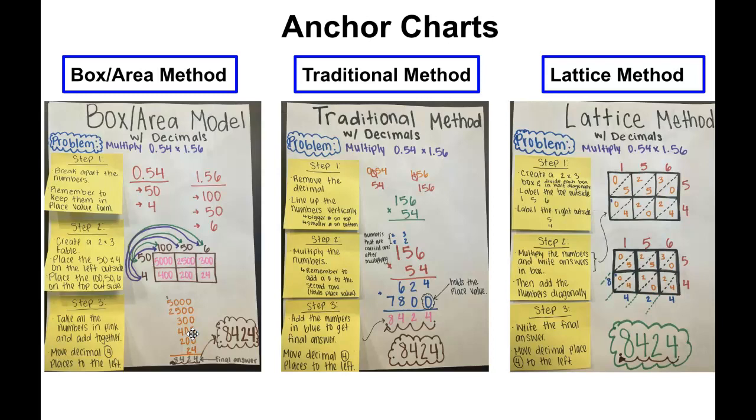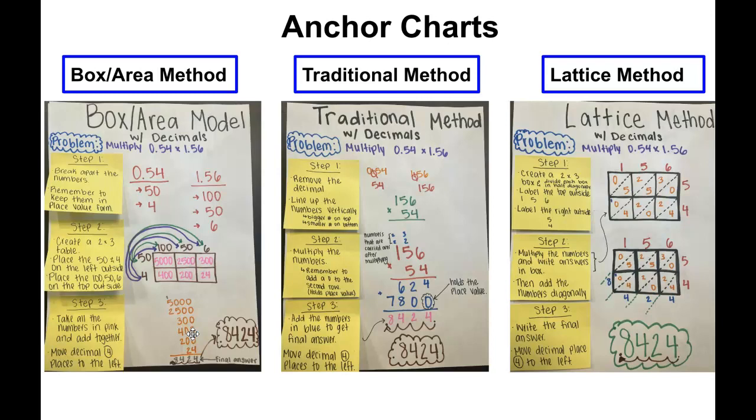Step 1 being break apart the numbers and remembering to keep it in place value form. So 0.54 was broken up into 50 and then 4, and 1.56 was broken up into 100, 50, and 6.